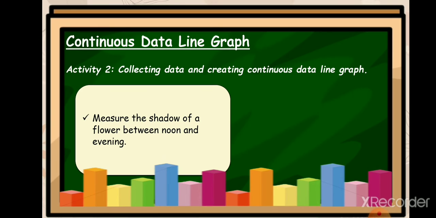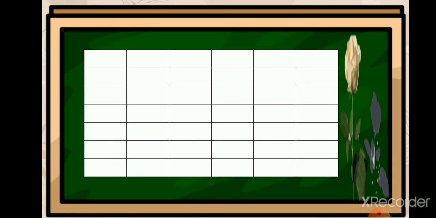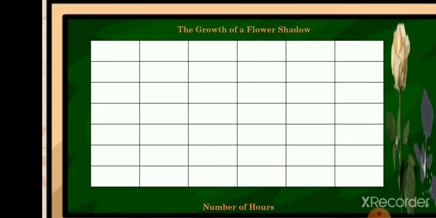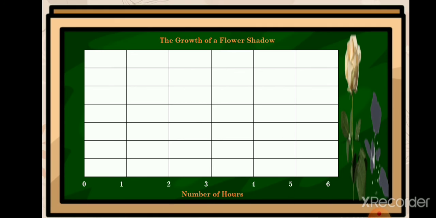So again, let us have our table with the title at the center top of the graph. The growth of a flower shadow, and then the number of hours at our x-axis, and the length in centimeters at our y-axis.